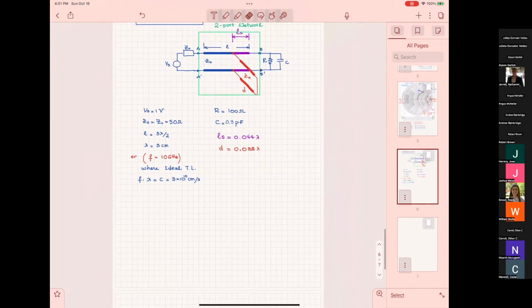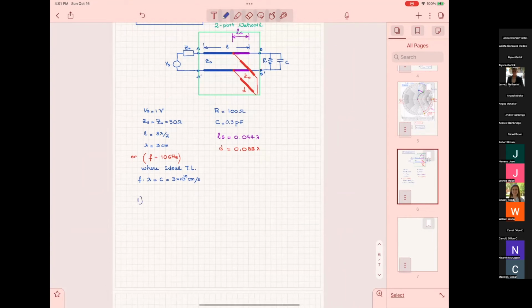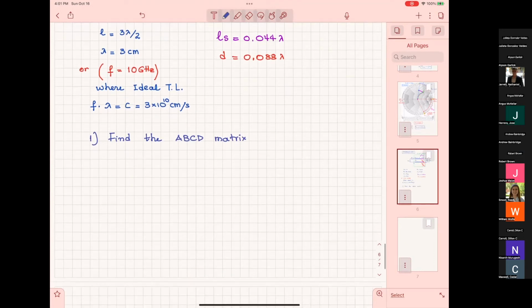So what the problem says is, number one, find the A, B, C, D matrix. Okay, then two, find the scattering matrix.